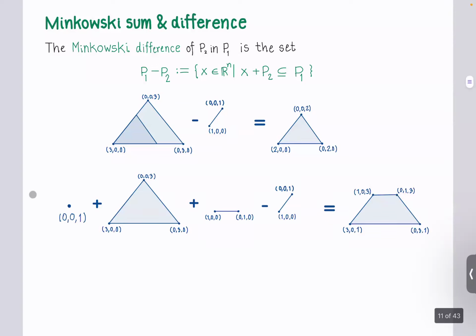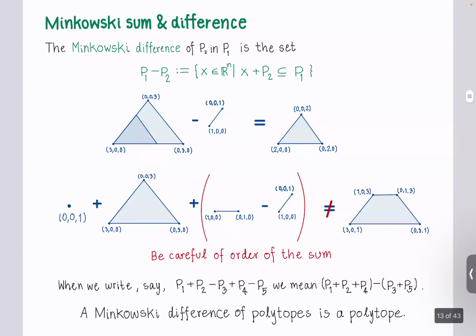Here is another example where I sum them and also subtract them, or do the difference. A triangle, a line segment, and I subtract another line segment, and I get a polytope that looks like this. But be careful here. Why do you have to be careful? Because the order of the operations matters.